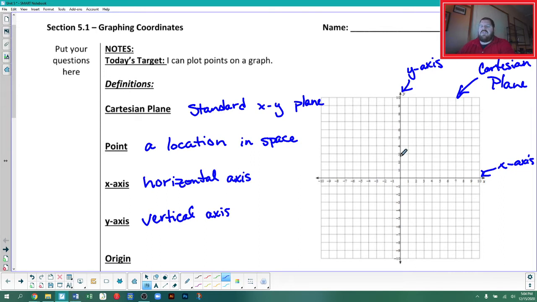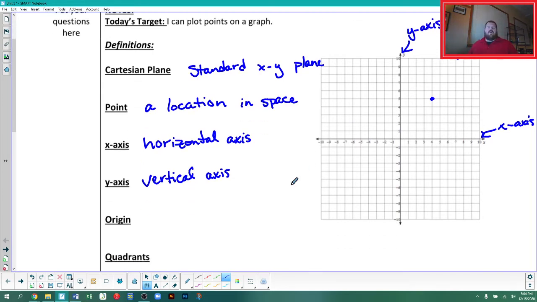A point is just any of the points that we could come up with. They don't have to be along these little minor grid lines. They could be really anywhere. These are just some of them. The origin, if we think about what the word origin means, is the 0, 0 kind of starting point.